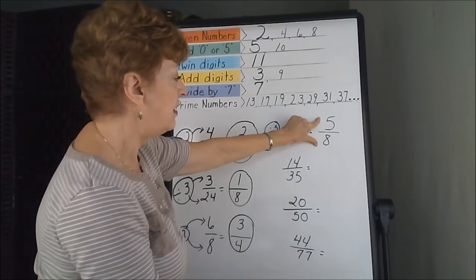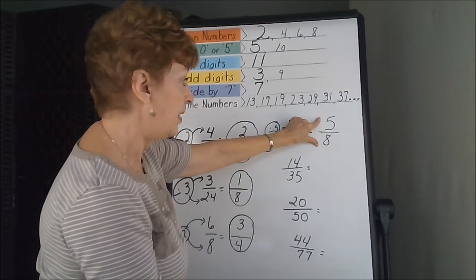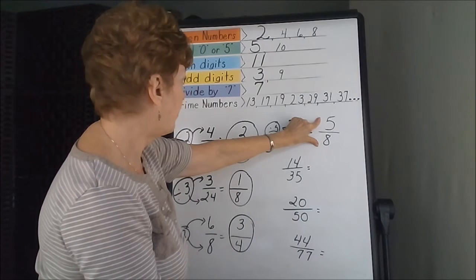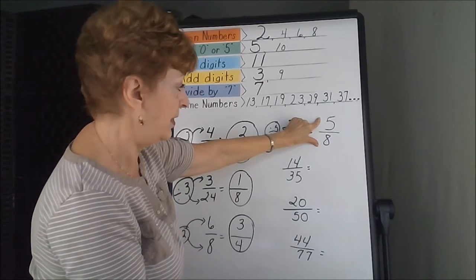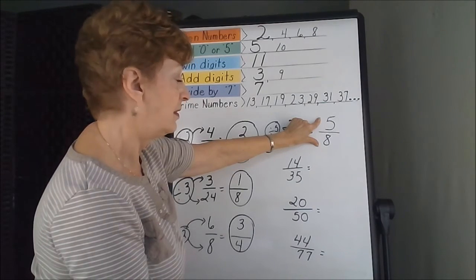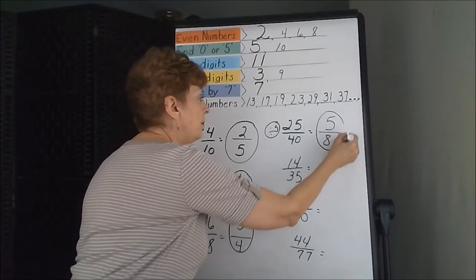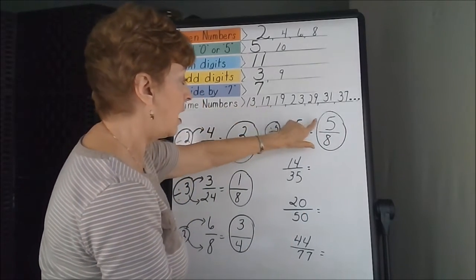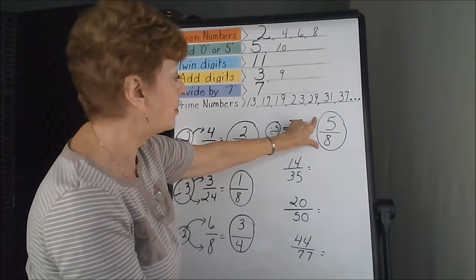Are both the numbers even? No. End in a 0 or a 5? No, they both have to. Will 3 divide into those numbers evenly with no remainder? No. 7? No. It's in lowest terms because all of the other primes are larger than the numbers that we have, so you can't divide those.